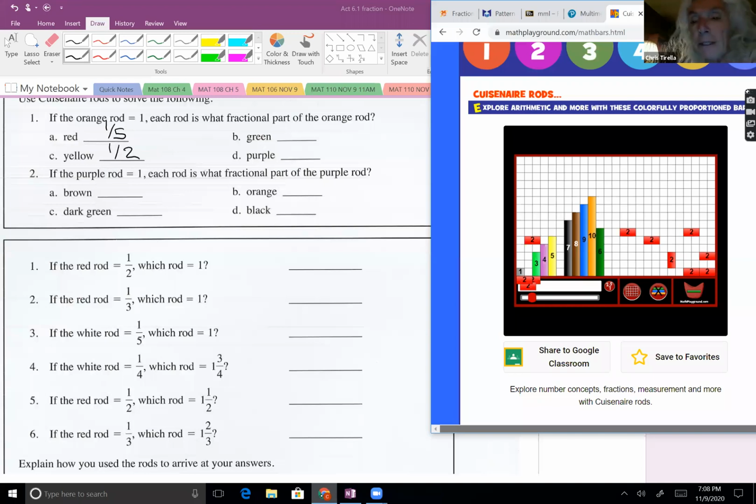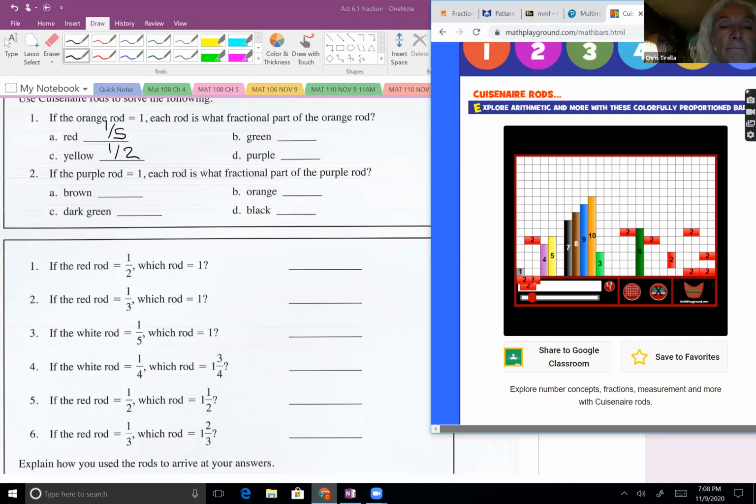I was looking at the dark green, but now I'm thinking that they might have been looking at the light green. And so if I look at that light green, 1, 2, 3 aren't going to do it, but 4's too much. How could we think of that light green as being a fraction of the orange?